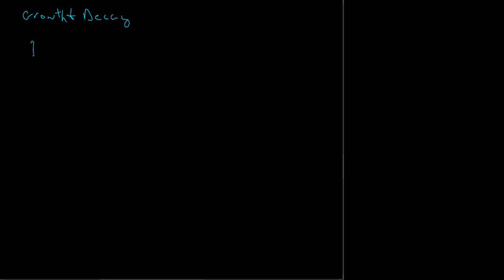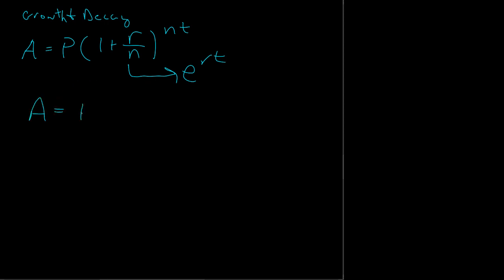I forgot at the very end when I said that the amount was equal to the principal of the 1 plus r over n and t, that this whole thing approached e to the rt. And so we actually write our interest formula if it's compounded continuously as PERT, the principal times the exponential base to the RT.